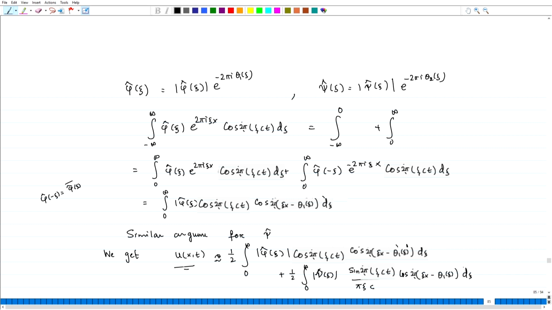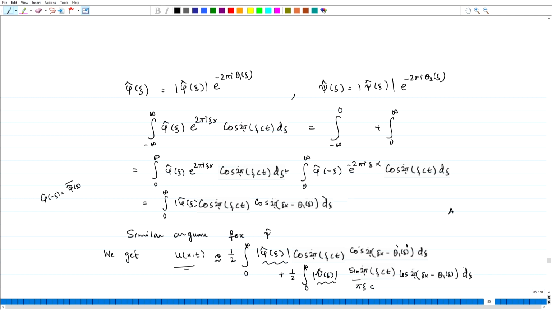What it is saying is that it is given by the sine and the cos, that means it is an infinite superposition of right and left moving plane waves, and the amplitude of each of these waves is determined by the amplitude of phi hat of xi and psi hat of xi by xi.